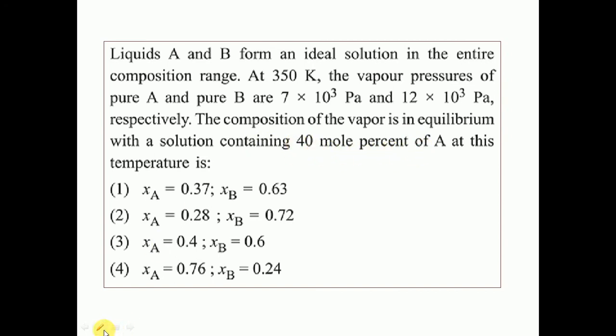So from this question, we can say that XA will be 0.4, right? Because the mole percent is 40, so it's 0.4. Then XB will be what? 1 minus 0.4, so it will be 0.6.